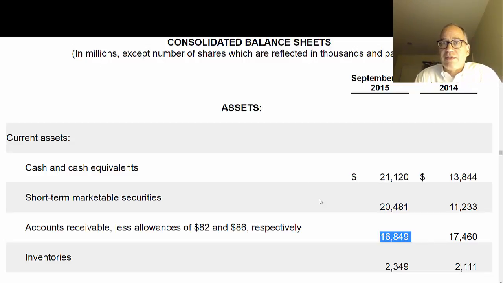Who are Apple's customers that would owe it money? It's most likely stores that carry Apple products and cell phone companies that also sell Apple products like iPhones. Collectively, these companies owe Apple $16,849,000,000 and it expects not to collect 82. So they actually owe a little more, $82 million, that's not included here.